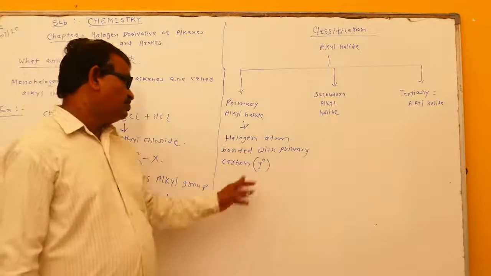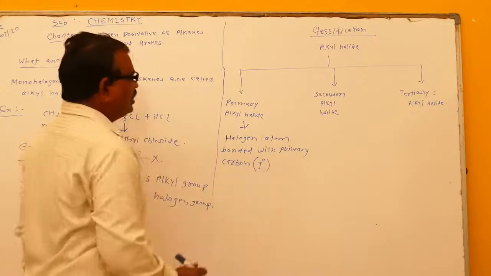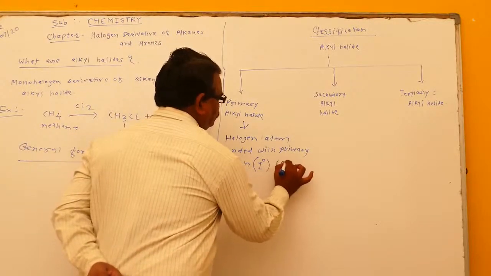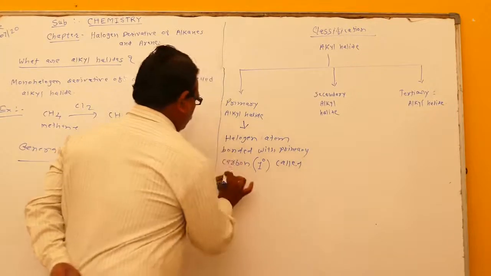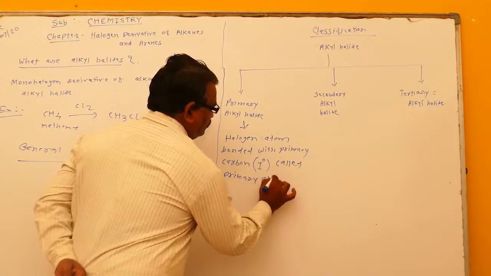When the halogen atom is bonded with the primary carbon atom, then the halide is called a primary alkyl halide.